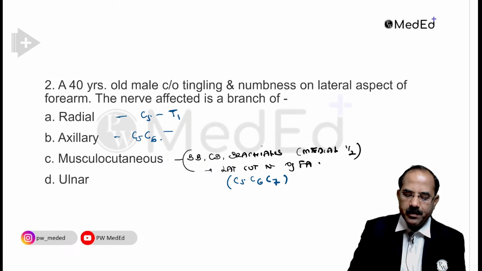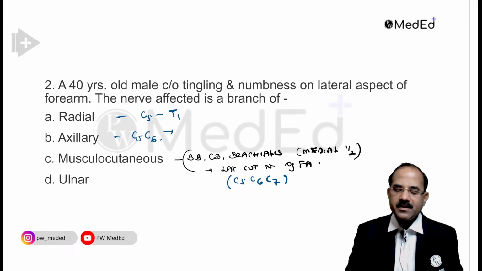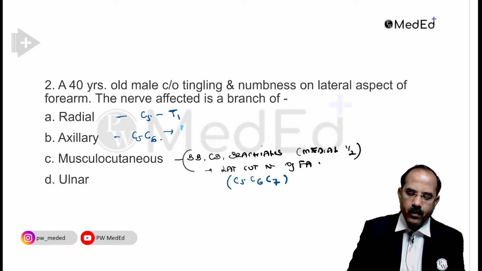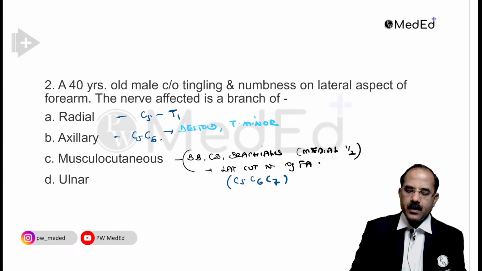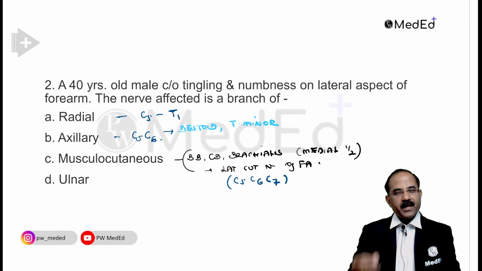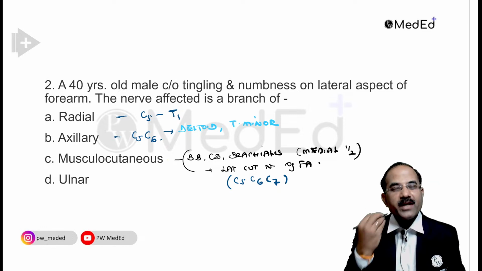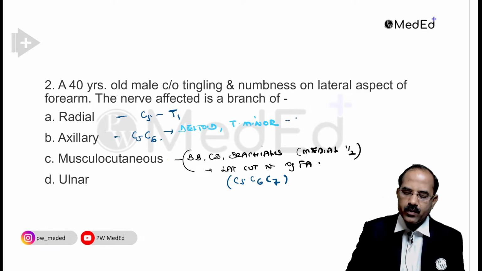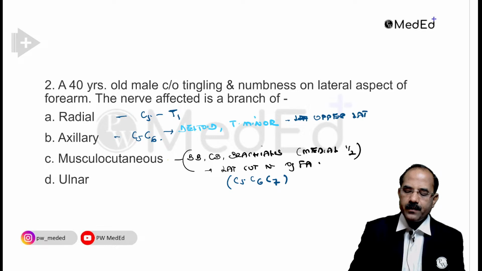And what are the muscles supplied by axillary nerve? Can anyone tell me? The muscles supplied by axillary nerve are 1, deltoid. Deltoid. 2nd is teres minor. 1 is deltoid, 2nd is teres minor. And what is the cutaneous branch of axillary nerve? Cutaneous branch, what is its name? Upper lateral, yes, upper lateral cutaneous nerve of arm.